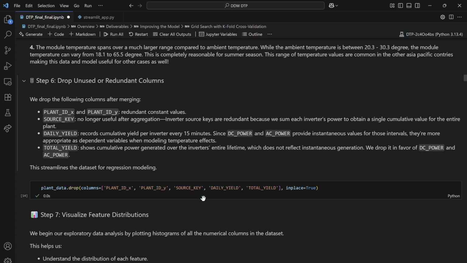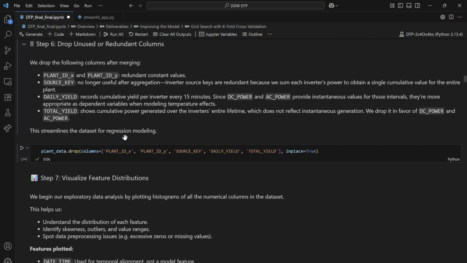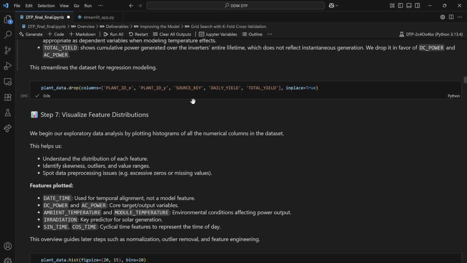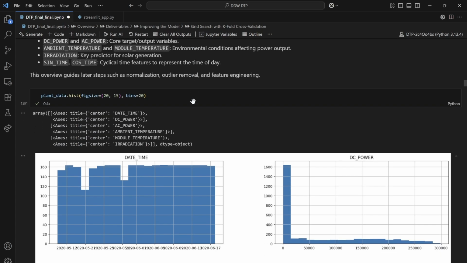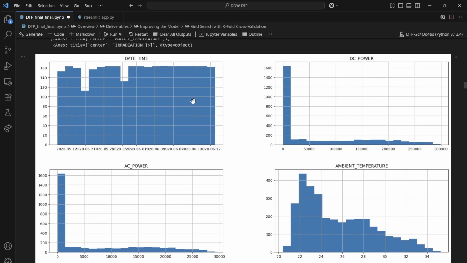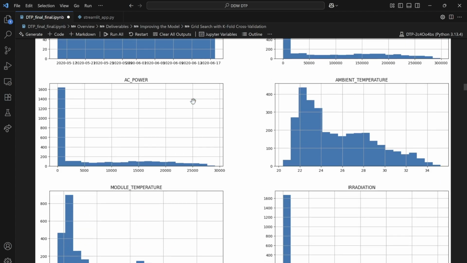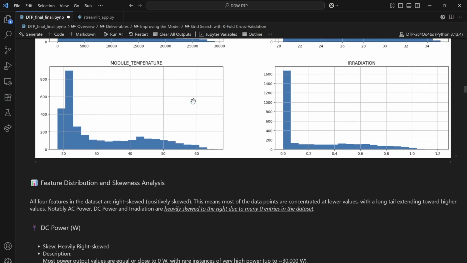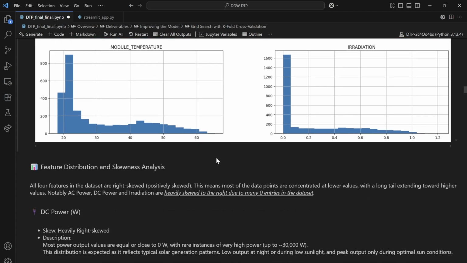Now, how do we drop? We just drop the redundant columns like plant ID, source key, and daily total, which we're not using. Then we visualize to validate our assumptions about the zero part. As you can see, the histograms were tail heavy, leaning towards zero.